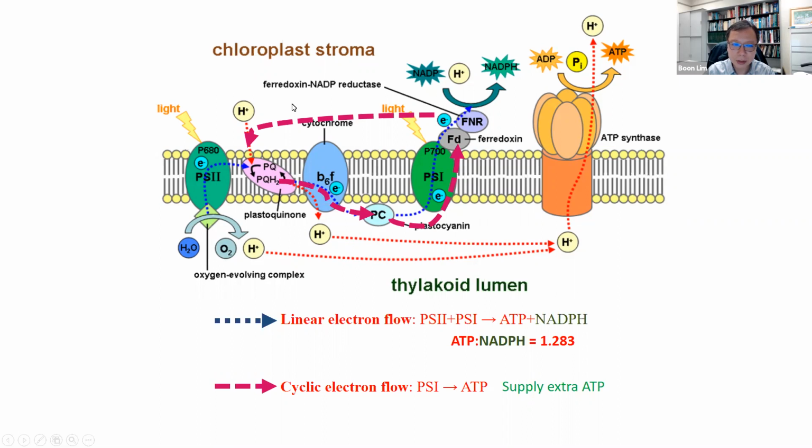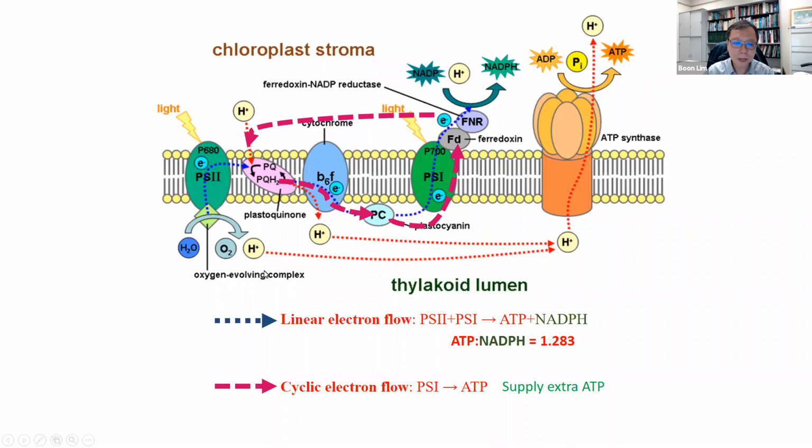At the same time, some of the protons are translocated from the stroma to the thylakoid lumen, and the water also emits protons. These protons can pass through the ATP synthase from the lumen to the stroma, and this can drive the synthesis of ATP.